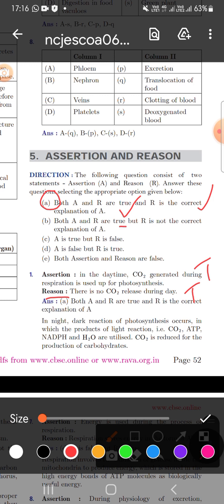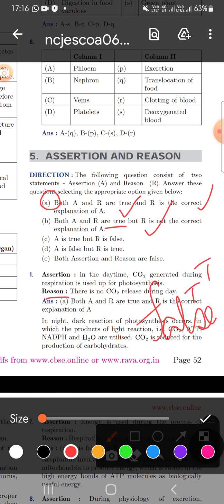If both are true, but reason is some other statement, it is not speaking on behalf of assertion, you will see in the next part of the video, then it is option B. Sometimes assertion will be true and the reason will be a false statement.